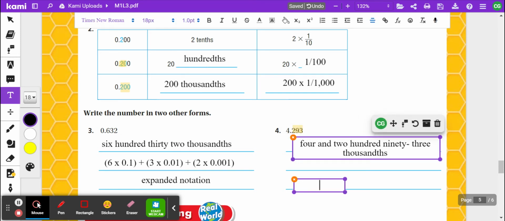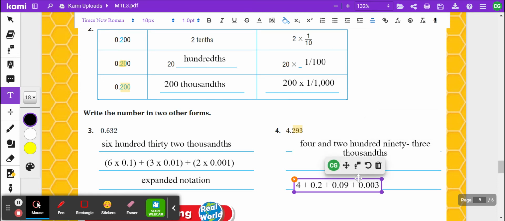So here this would be 4 plus, and I'm going to write 2 tenths plus 9 hundredths plus, and then it's 3 thousandths, and that's going to be in expanded form.